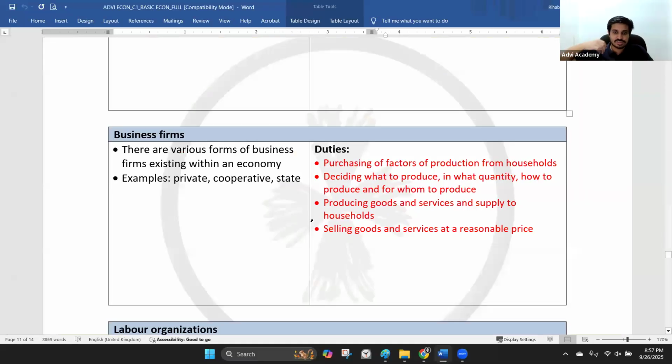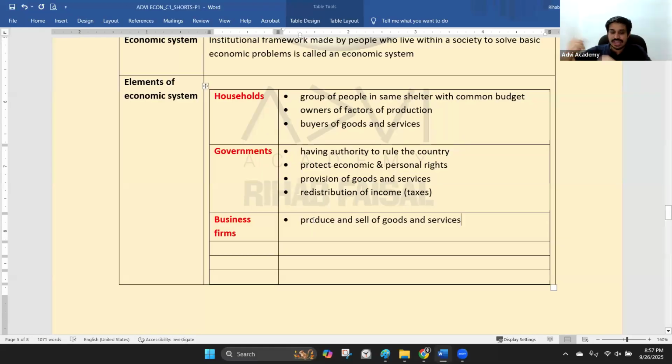To the households. So they are the ones who sell goods and services to households. And households buy goods and services from business firms. Okay, so that's a nice circular rotation there. In chapter 5 also we'll study this. We call this the circular flow.